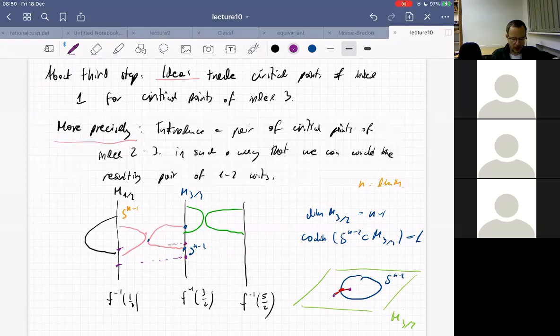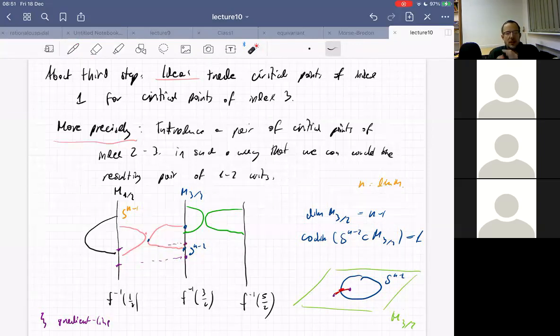Once we have flown it, these endpoints are not on the unstable manifold of any critical point of index 1, because they are just away. So the flow of psi, the gradient-like vector field, takes these two points back to the level set M_{1/2}.